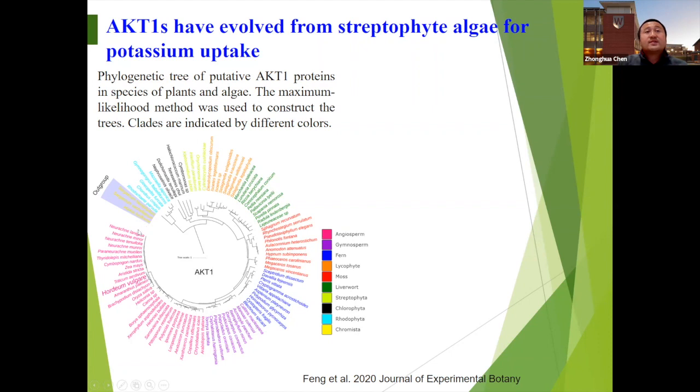We found a lot of HvAKT1 homologs in those species, and we selected the important ones representing angiosperms, gymnosperms, ferns, lycophytes, mosses, liverworts. All of those are land plants. Then streptophytes, chlorophytes, those are the green algae, rhodophytes, red algae, and Chromista is another algae group. We use this as an outgroup for constructing trees.